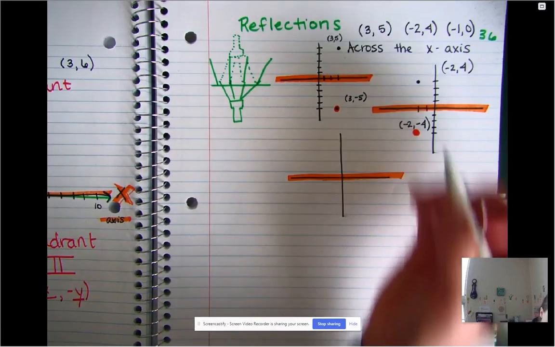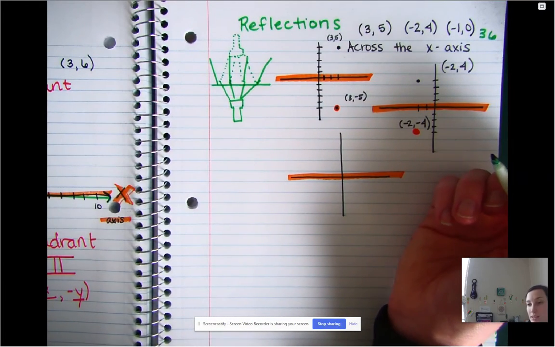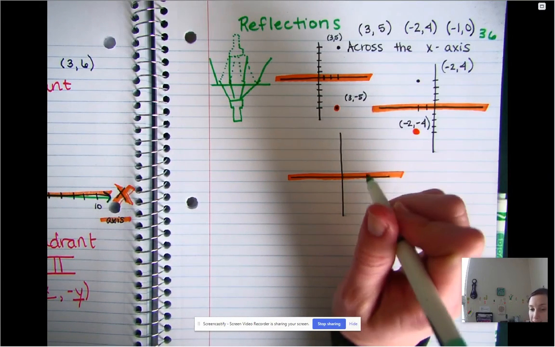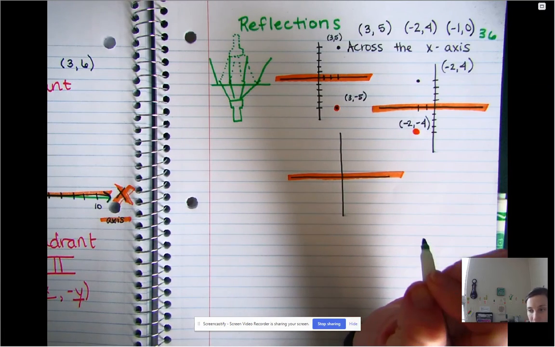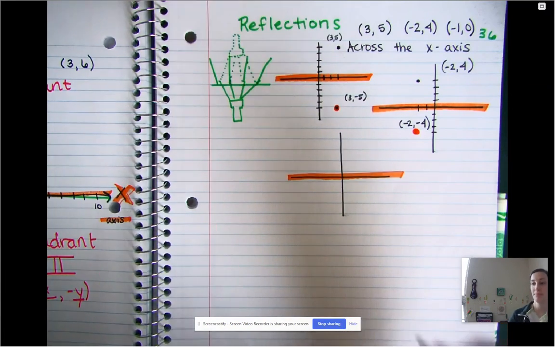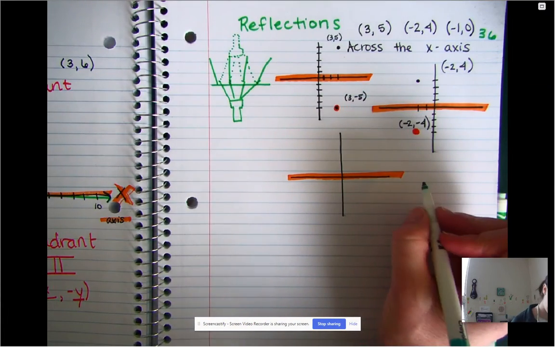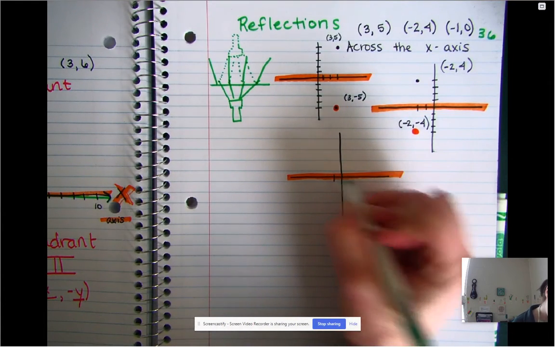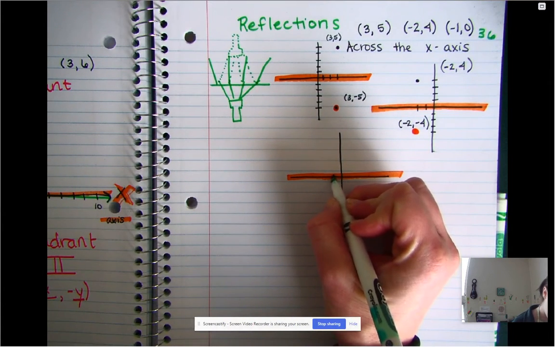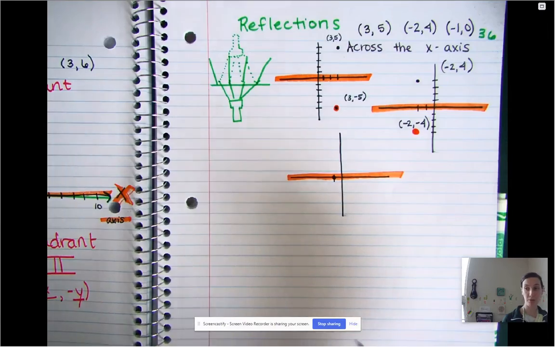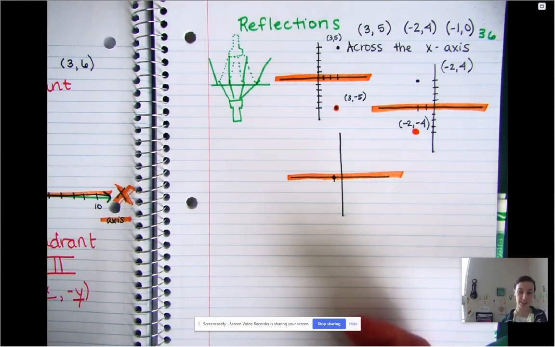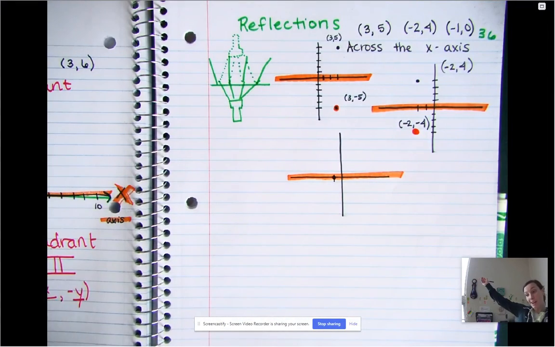And lastly, we have (-1, 0). So why don't you try this one? First plot (-1, 0), and then reflect it, and then we'll see how you did. All right. So (-1, 0) is right here. When we reflect it across the x-axis, it stays right where it is.